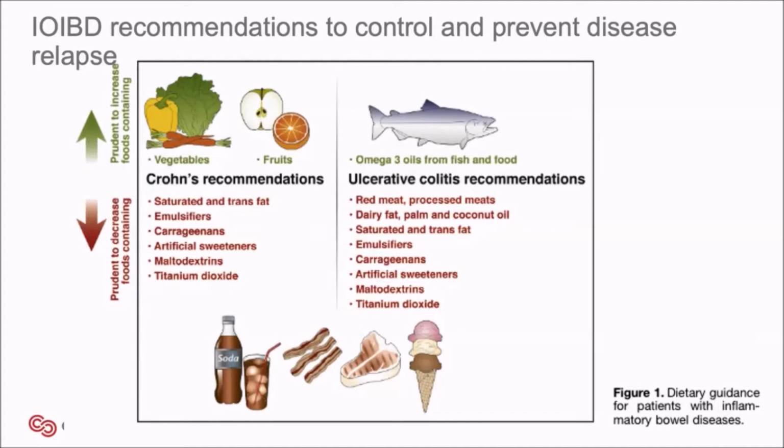The recommendations for foods to decrease had high overlap between Crohn's and colitis, and overall, the recommendations were to decrease intakes of red and processed meats, saturated and trans fats, dairy fat, palm oil, and coconut oil, as well as food additives such as emulsifiers, carrageenans, artificial sweeteners, maltodextrins, and titanium dioxide.